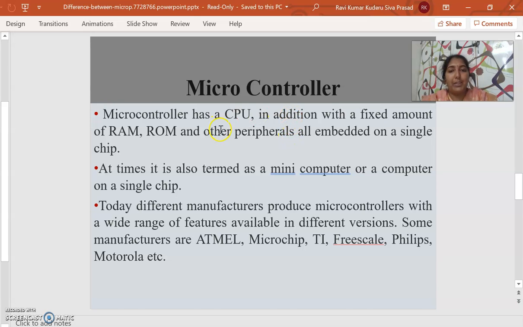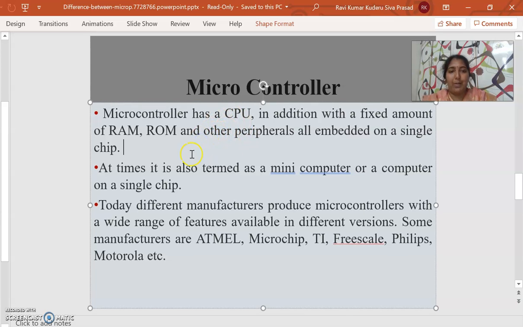Coming to this microcontroller, it has a CPU, but in addition to this CPU, it contains some amount of RAM, ROM, and other facilities where we can connect the input and output devices. And remember that all these components come in a single IC, that is a single integrated chip, and that integrated chip we refer to as a microcontroller.